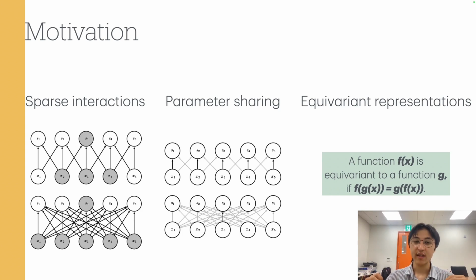So that's how CNN works, and the order doesn't matter for CNN. And in parameter sharing, we are using one parameter many times, which is also good for computation, less computation.